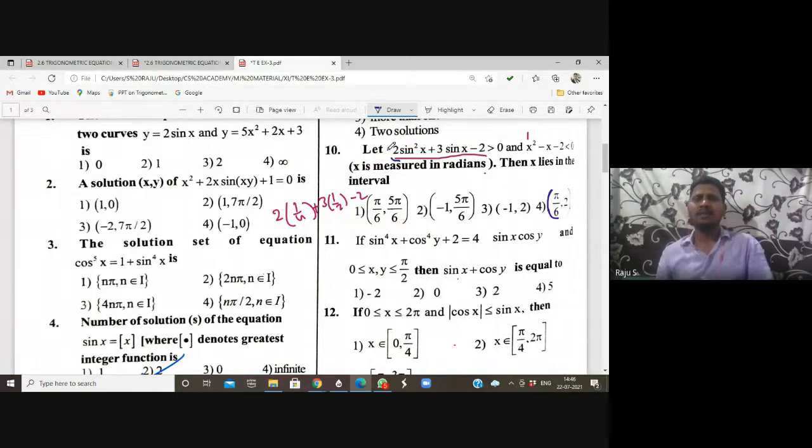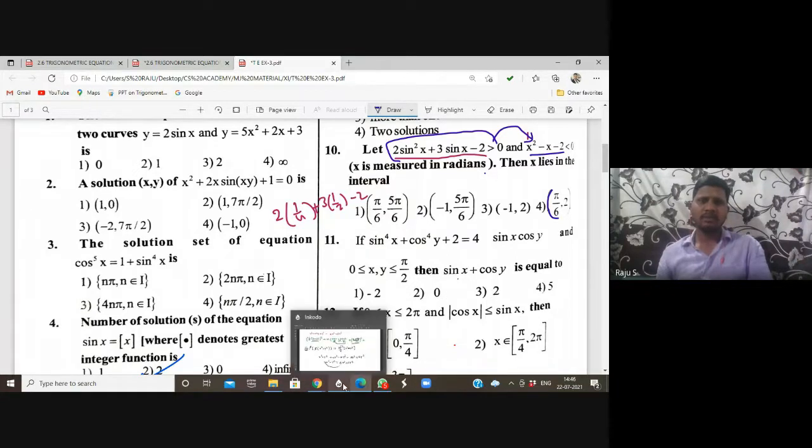So after first, pi by 6, why don't you solve this? If you solve this, you are going to get the sin x value. From that, we'll get the x value. That x value we should substitute here. If it is also satisfied, then that is the right one. This is a quadratic equation only, no? Yes. Solve that quadratic equation.